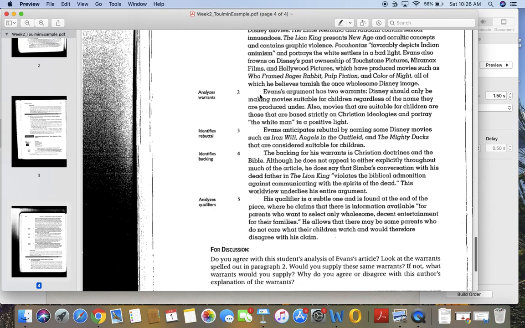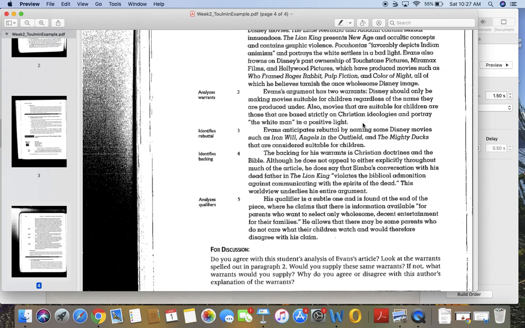Then, Evans' argument has two warrants. Basically, the idea that Disney should only be making movies suitable for children, and that movies that are suitable for children are based on these Christian ideologies and portray the white man in a positive light. An argument can have more than one warrant, and so when you write your analysis, you can identify just one warrant, or maybe you see two.